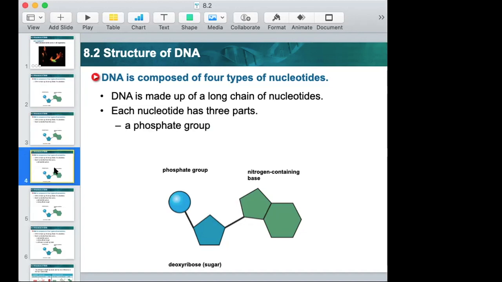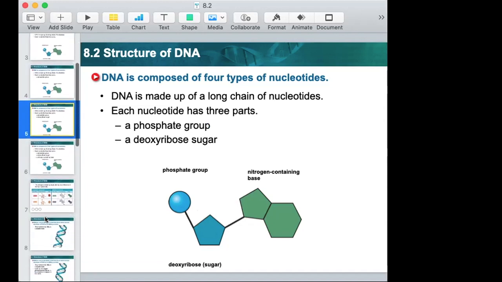The first part is a phosphate group. That's what you see as a circle right here. And then attached to it, the pentagon right here, that's a sugar. It's called deoxyribose.